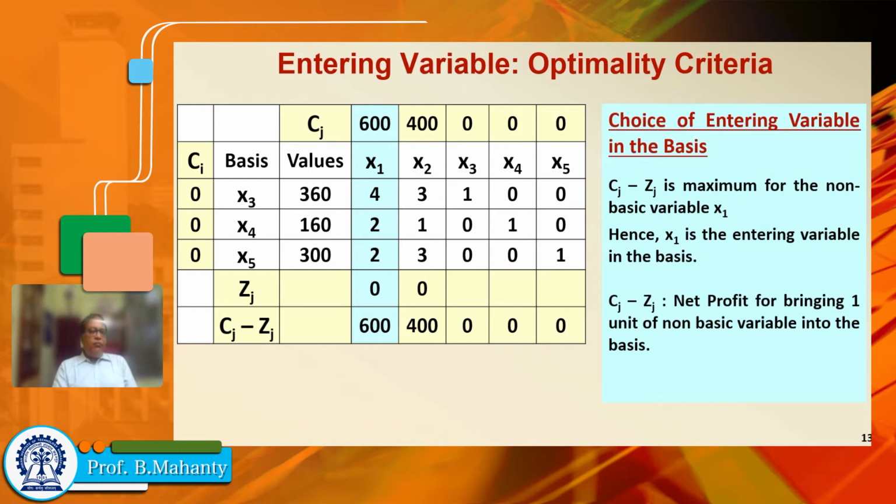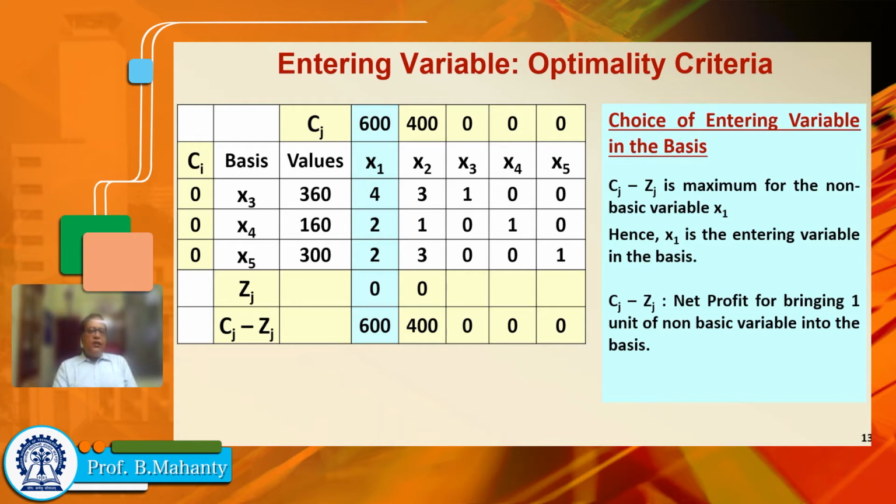If we have 360 of x3, 160 of x4 and 300 of x5, and we need 4 units of x3, 2 units of x4 and 2 units of x5 all at the same time to make 1 unit of x1, which resource is going to be exhausted first? Suppose you think it is x3. So 360 by 4, 90 units can be produced.